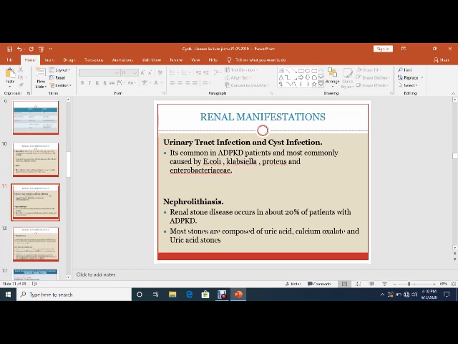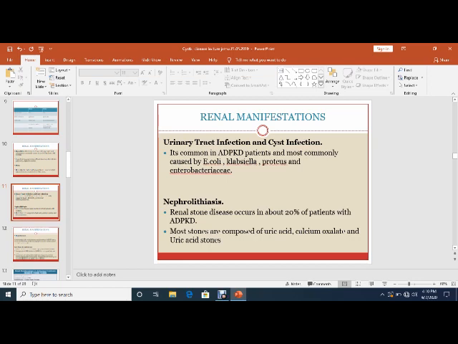The common organisms that lead to UTI are E. coli, Klebsiella, Proteus, Enterobacter. So these organisms can cause urinary tract infection. So we should choose an antibiotic which has the capacity to penetrate the cyst.